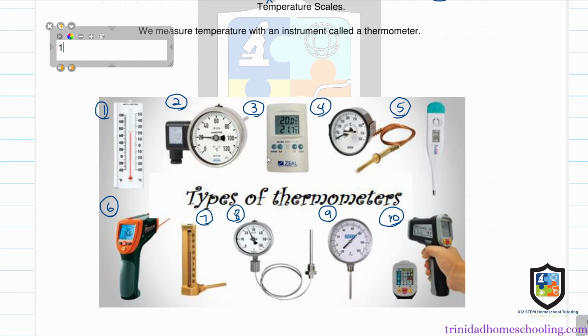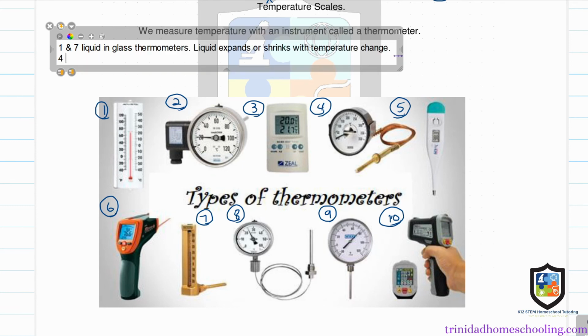So thermometers 1 and 7 are what we call liquid in glass thermometers. This is where the liquid expands or shrinks with temperature change. Thermometer number 4 is something called a manometric thermometer, and this determines temperature based on changes in gas or liquid.